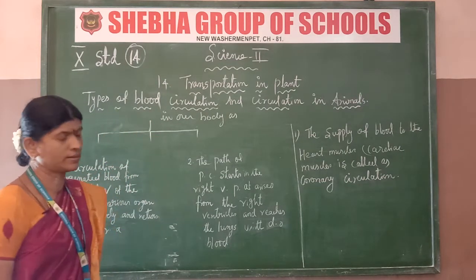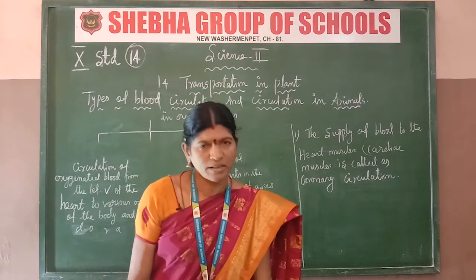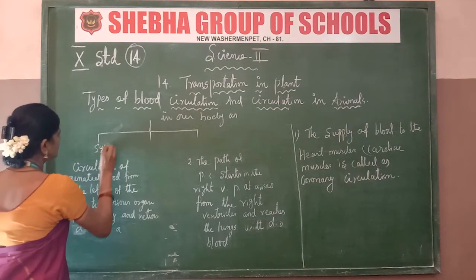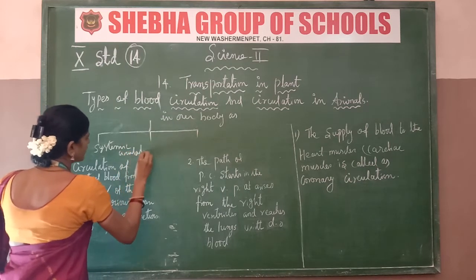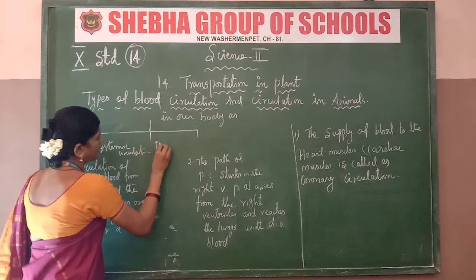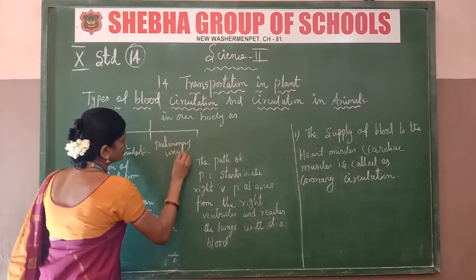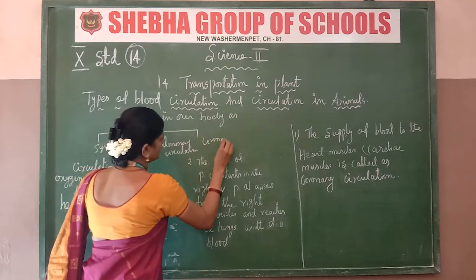Three types of circulation. The first one is systemic circulation. The second one is pulmonary circulation. The third one is coronary circulation.